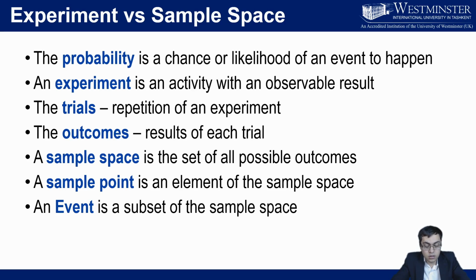A sample space is just the space of all possible outcomes that could be the result of our experiment. And an event is a small part or a small subset of this sample space that we are particularly interested in studying or knowing about.